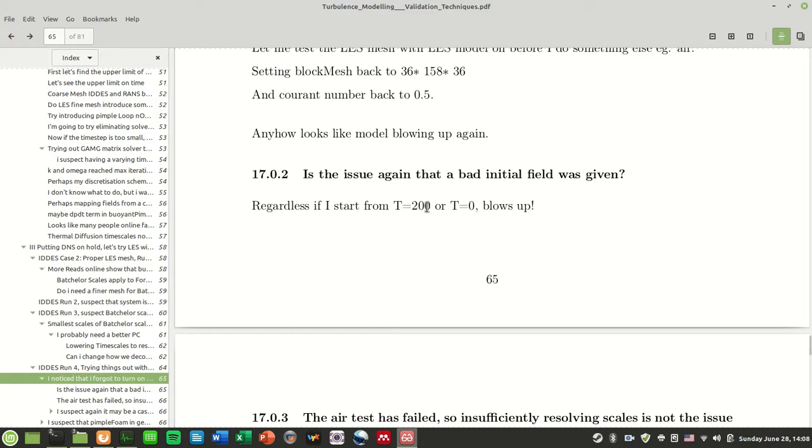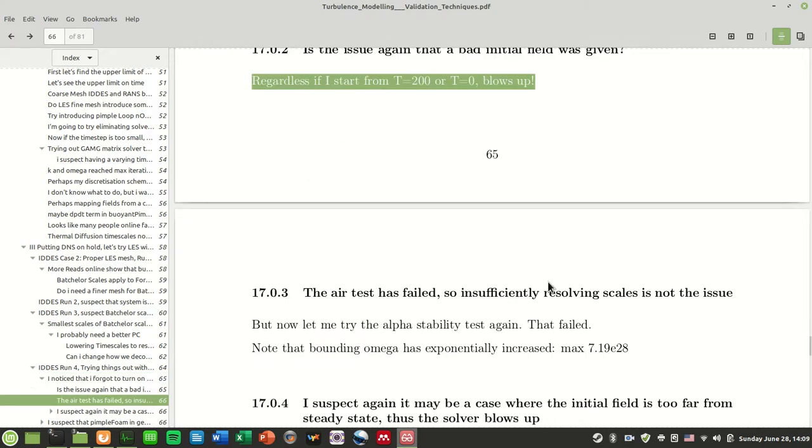Okay, so I suspected that the initial field was a bad field. Again, I tried to change the initial guess of the fields, that means the temperature, velocity and pressure fields. I tried to map a coarse solution to it, so maybe that works better, or I start from scratch.